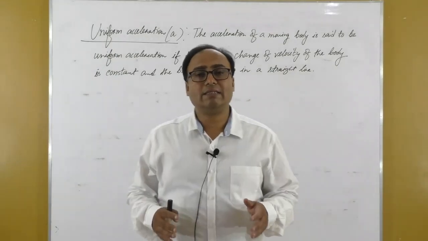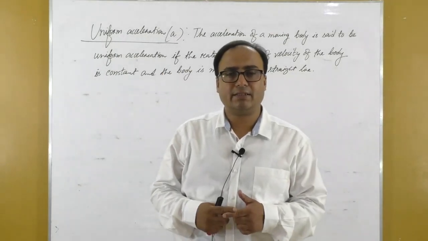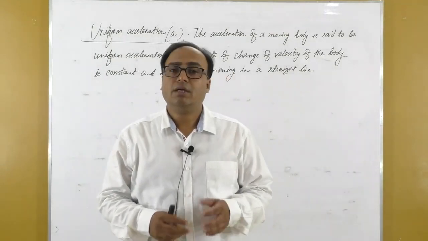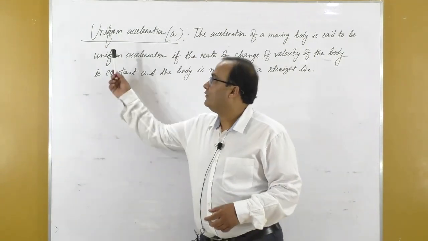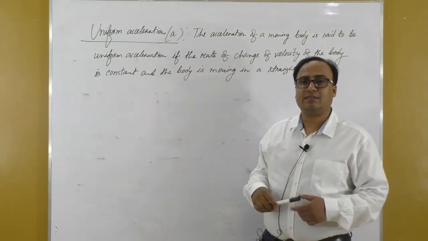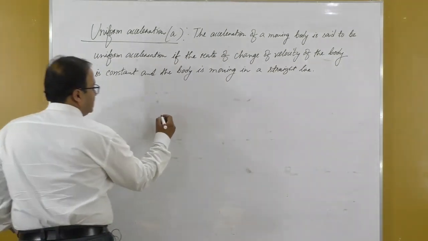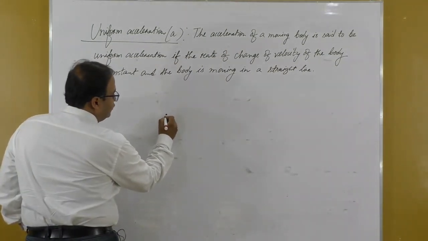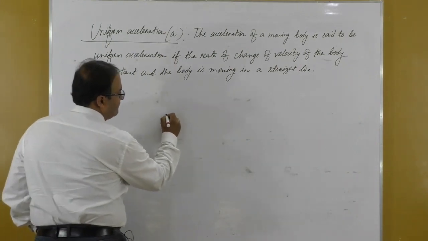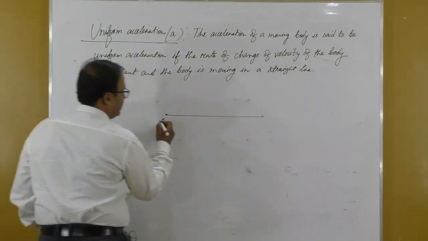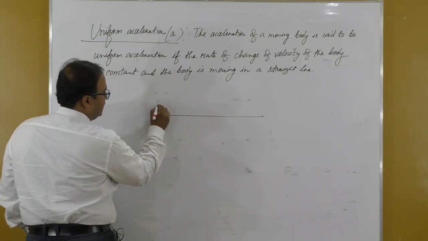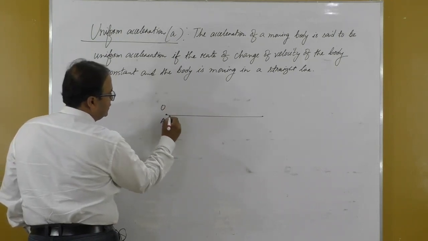So we have already discussed the terms acceleration and retardation, and now we are going to discuss the meaning of another term, uniform acceleration. So what is uniform acceleration? First try to understand: a body is moving in a straight line such that at position A its velocity is 0.